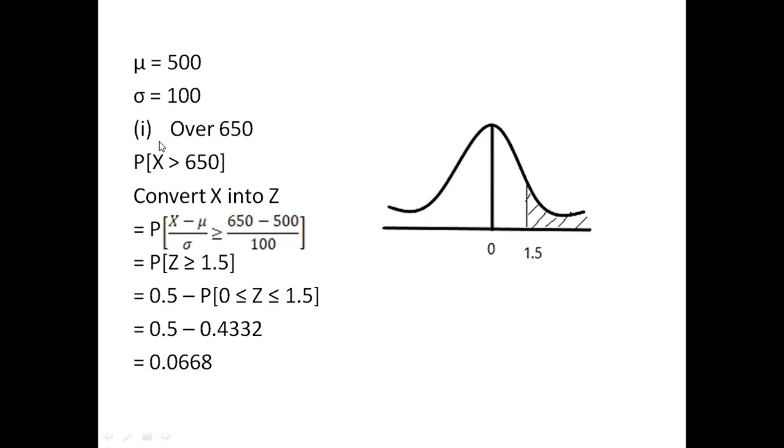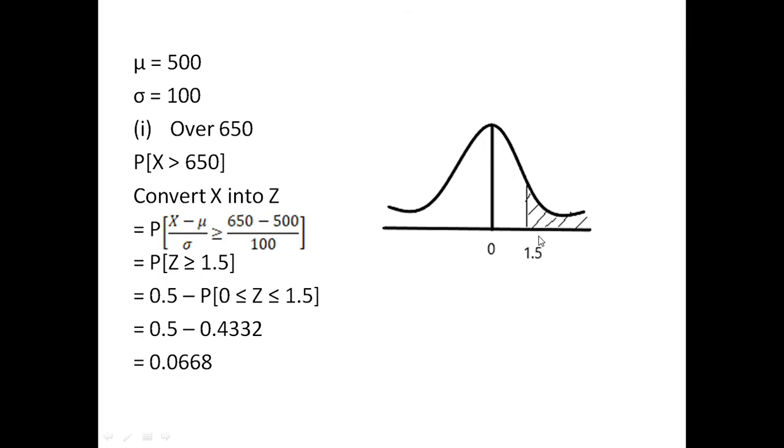Now I have to find the probability over, meaning greater than, so I have written the probability of x greater than 650. Then again the same method: convert x into z, and we get the value 1.5.